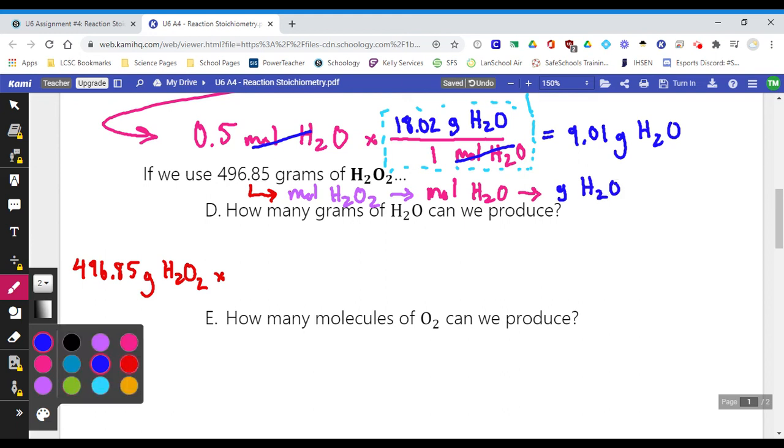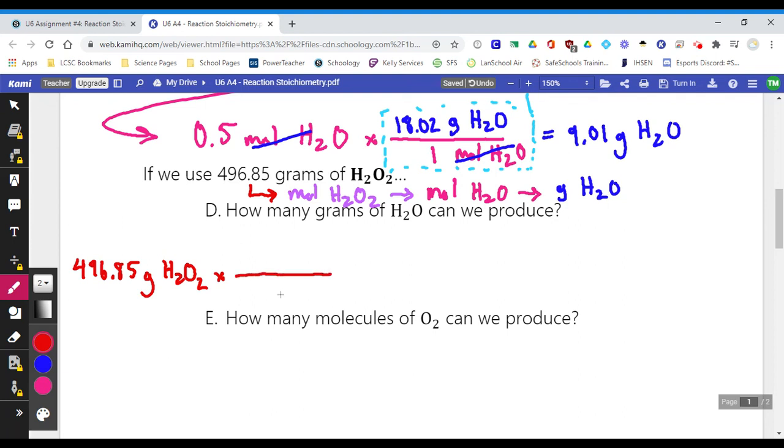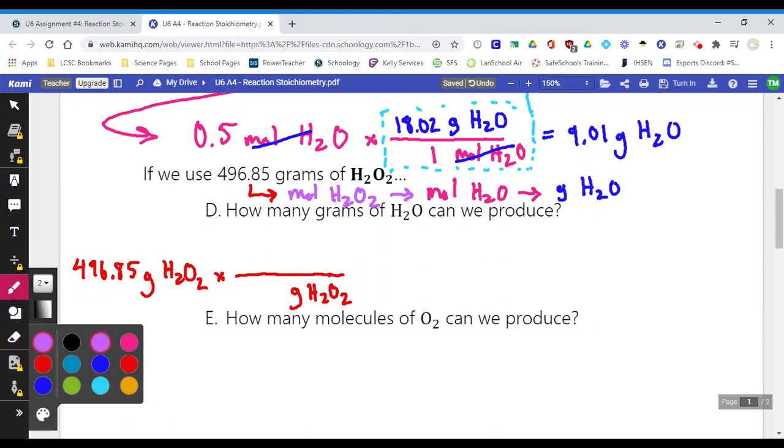So my first conversion factor, I am getting rid of grams of H2O2. I should wind up with moles of H2O2.